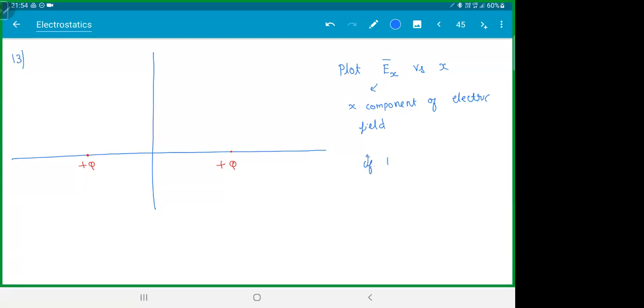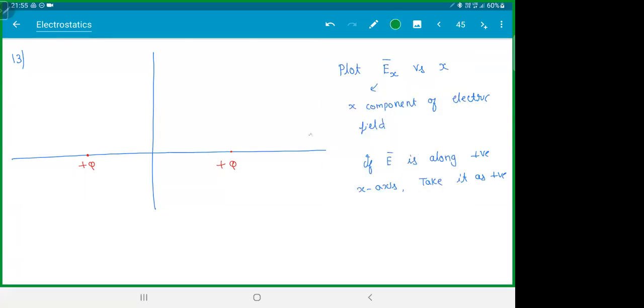If electric field is along I cap, take it as positive. Okay, how to draw? Let me show you one. But just try to understand the question.